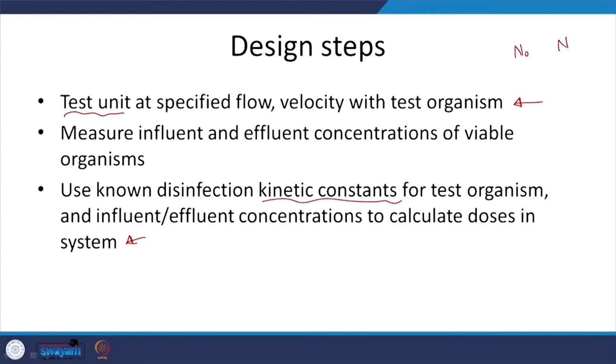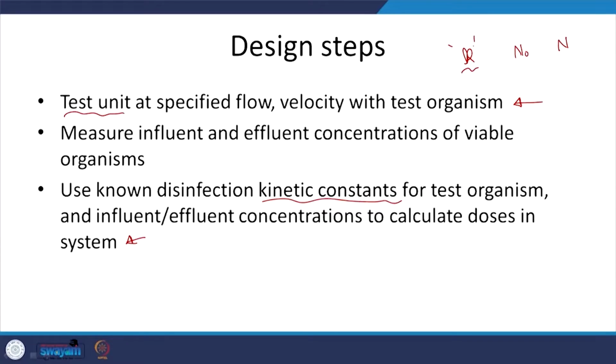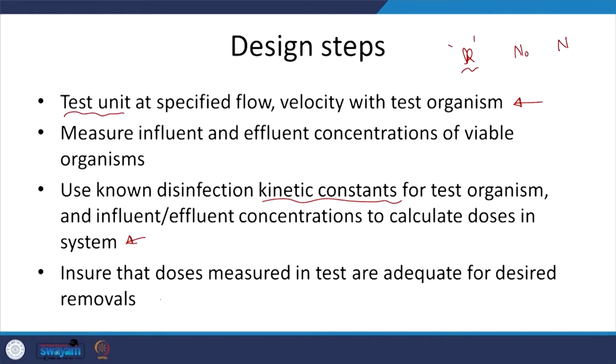And if you can find the rate constants where the disinfectant will degrade or kill, if I may say so, these pathogens, you can more or less come up with a model to calculate the dose in the system. We have to ensure that the doses measured in the test are adequate for desired removals. So some safety factor and such, but again, that goes into the design.